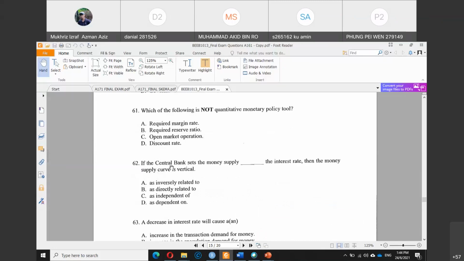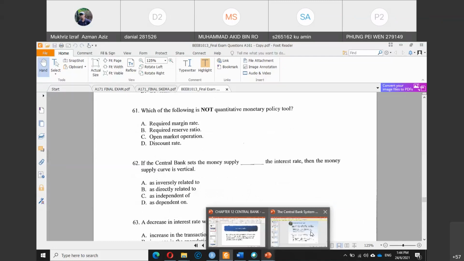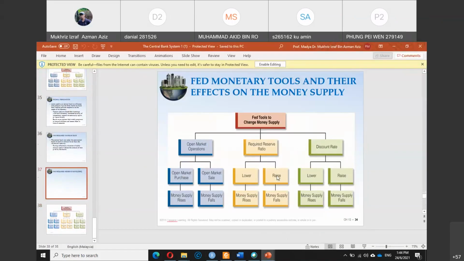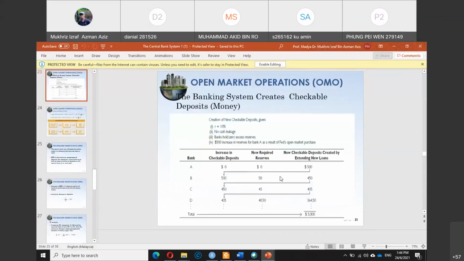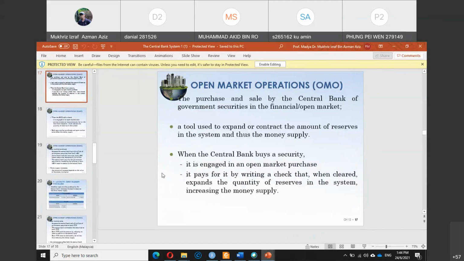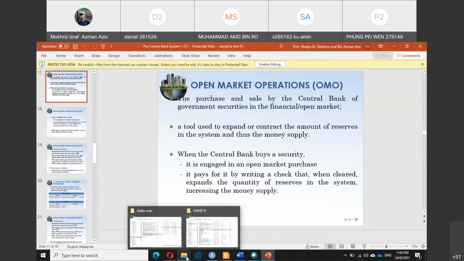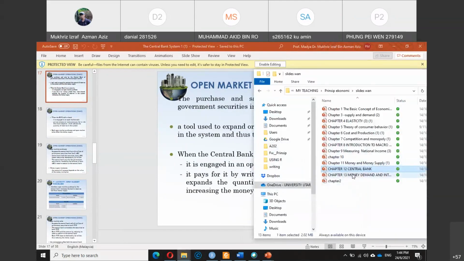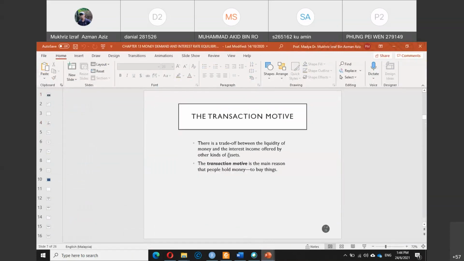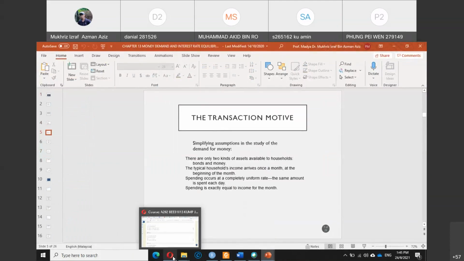Okay, 62. If the central bank sets the money supply, what is the relationship with the interest rate? The money supply curve is vertical. We know that the money supply is in chapter number 13, the one that you learned this week, on money demand and on the transaction motive.